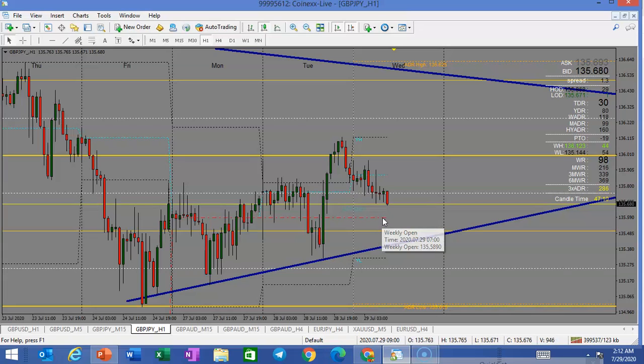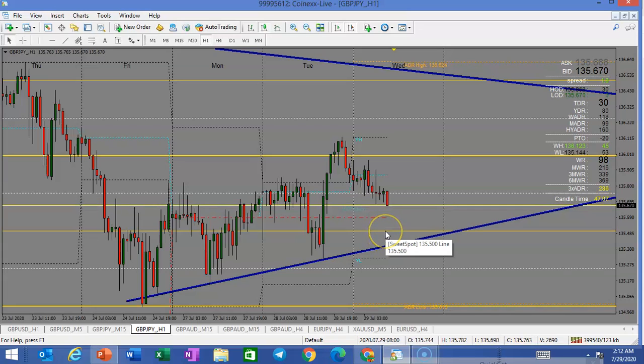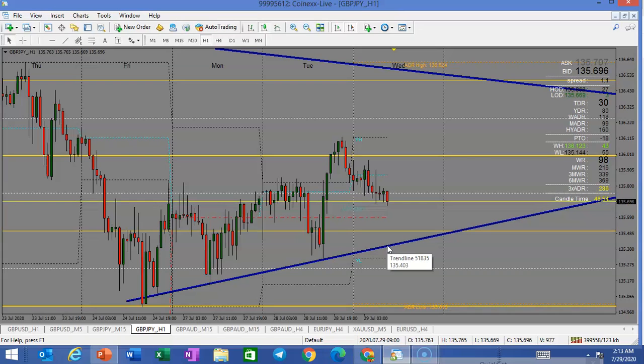It could turn around here, it could turn around here, and it could turn around even further. 135.403 is right on our trend line. It's just all about how patient you're willing to be, and instinctually determining when the best time for you is.